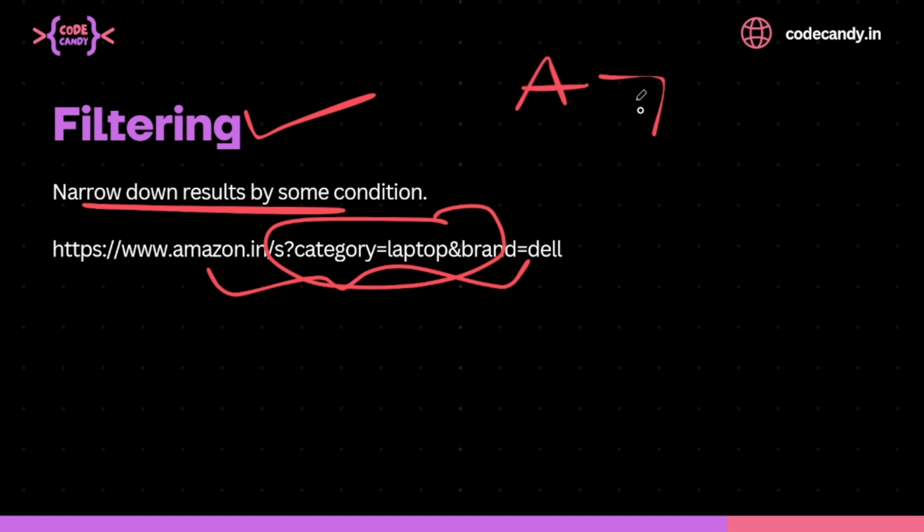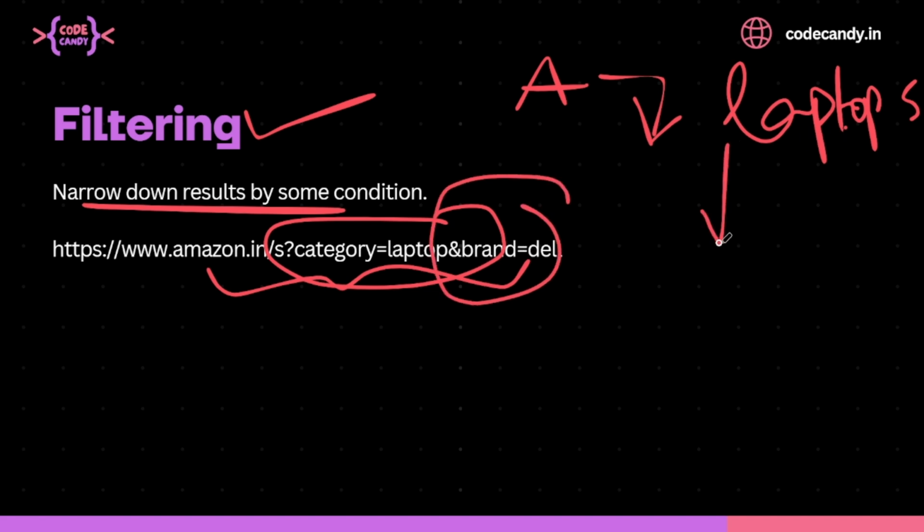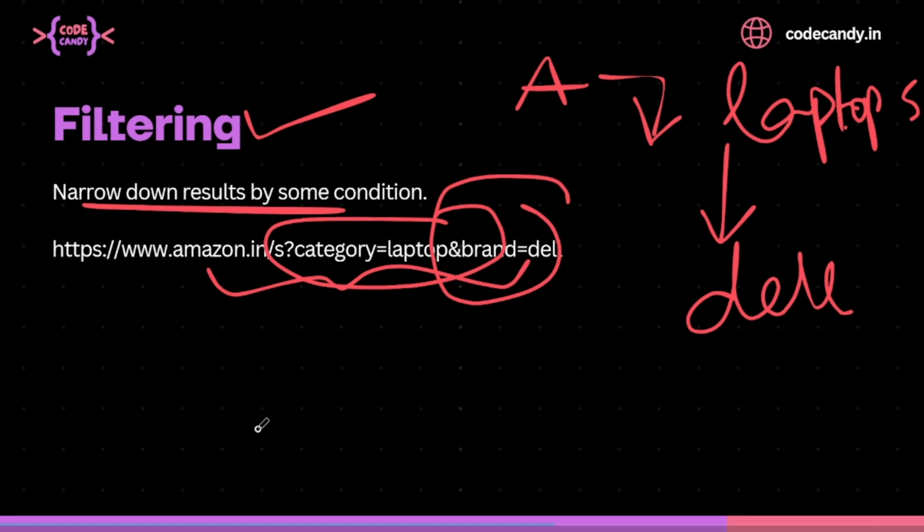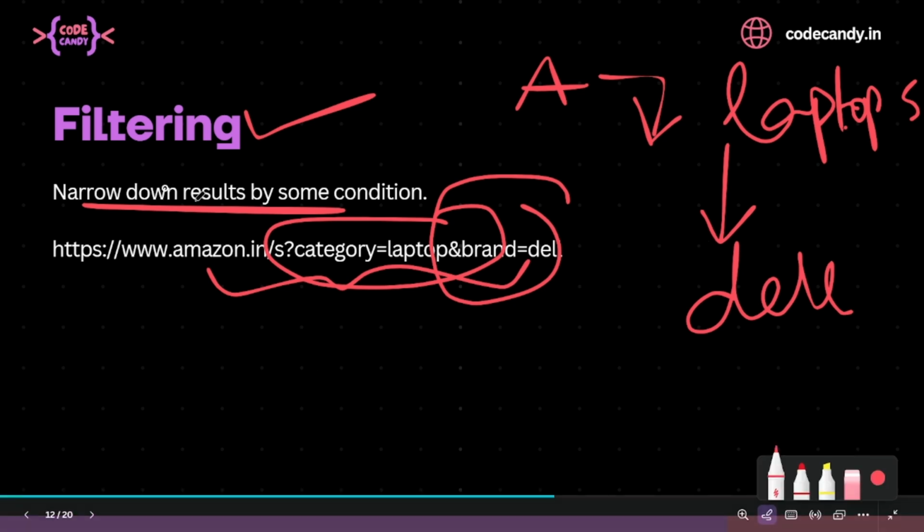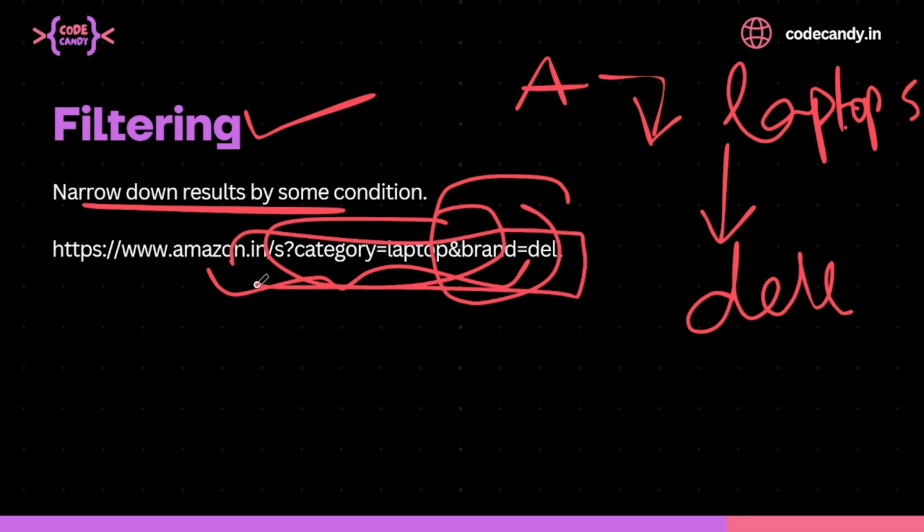You are asking, show me only laptops. Now I am refiltering this. From these results, I am asking, show me laptops that are only Dell products. So instead of seeing all the products from the entire Amazon server, you are now filtering to the products category called laptops. In those laptops, you are again filtering with the brand name Dell.